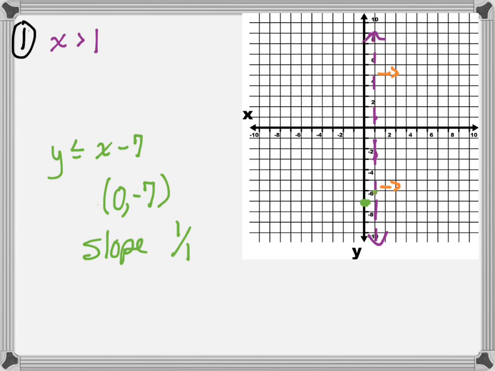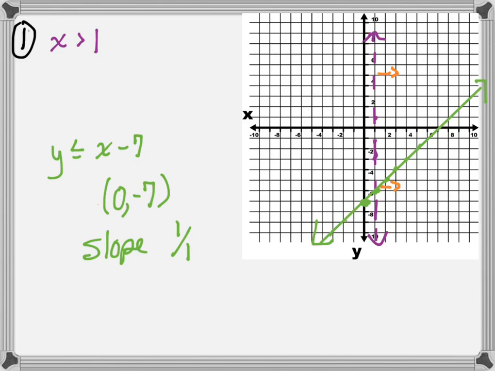And so that means it's positive, so it's going to be going up 1 over 1 each time. And I have a solid line, so whenever I draw my line in here, I'm not going to go back and dash. Each of these are the points. And it's solid, and I draw my arrows at the ends.